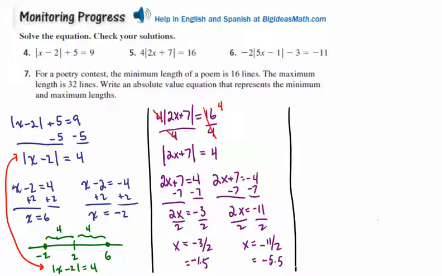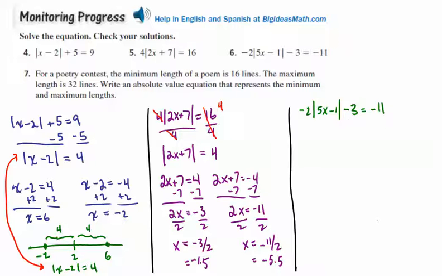Finally, the third equation, we have negative 2 times the absolute value of 5x minus 1 minus 3 is equal to negative 11. We're first going to subtract, or rather first going to add 3 to both sides before we divide.